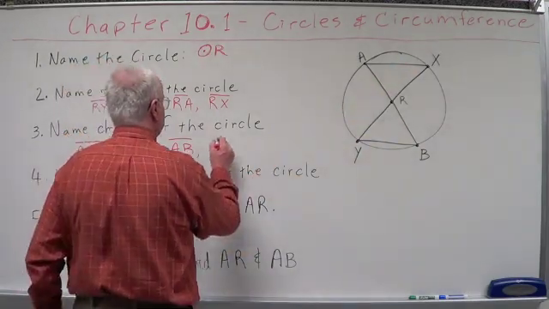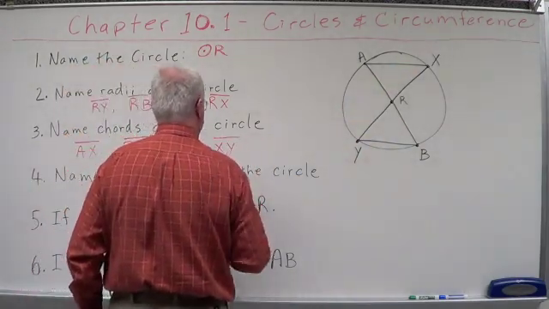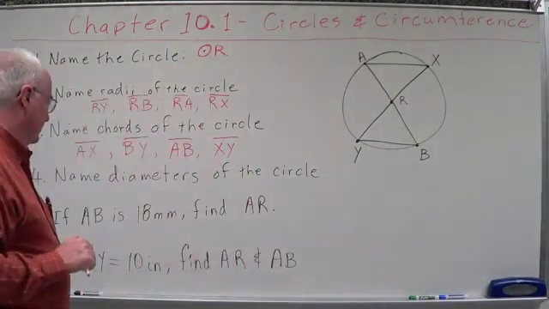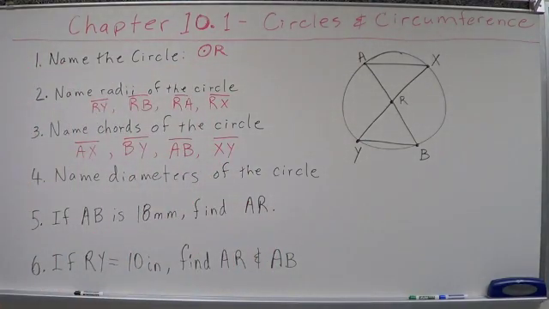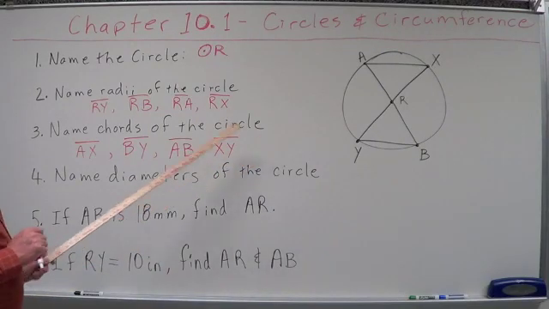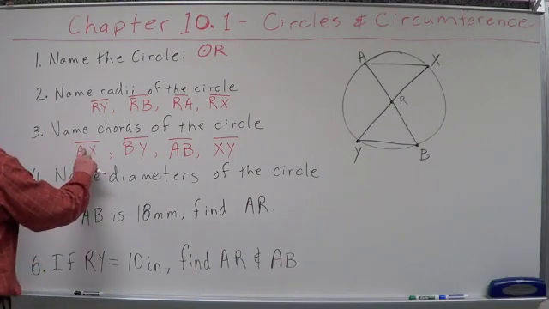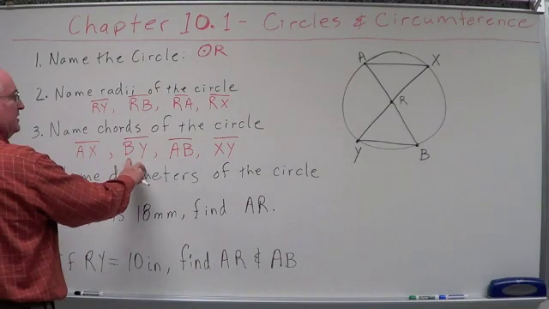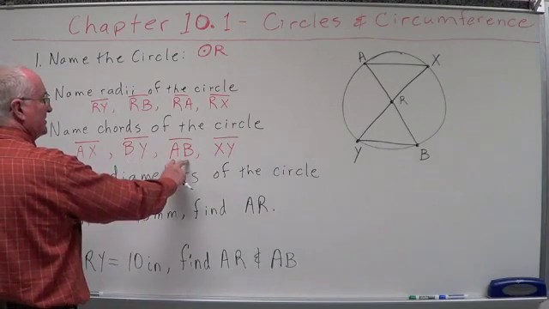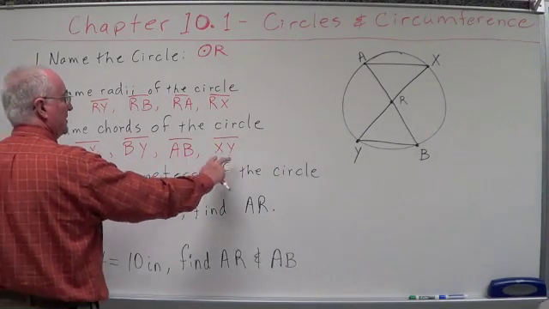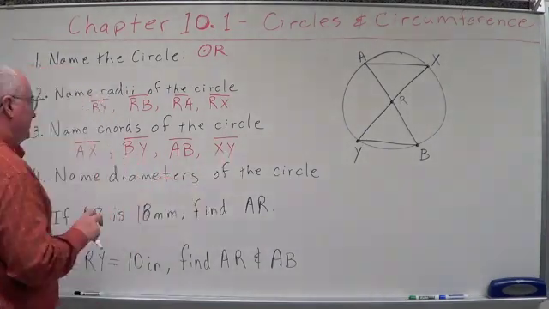And XY would be a chord. Okay, so each of those have endpoints on the circle. A is on the circle, X is on the circle, B is on the circle, and Y is on the circle.